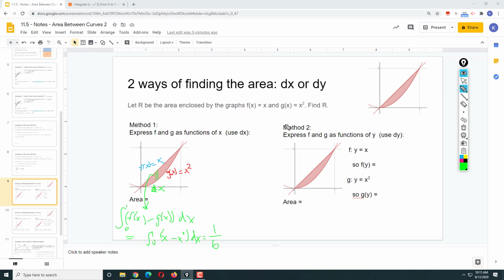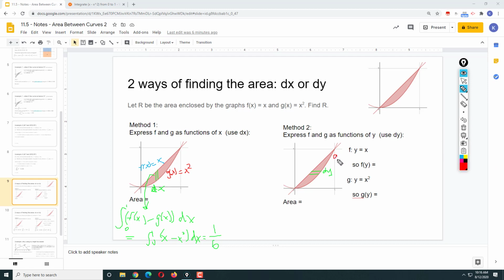Instead of using vertical rectangles, we can use horizontal rectangles like this. So this time, the rectangle has a height of dy. And the length has to be the function on the right minus the function on the left, because right is larger.